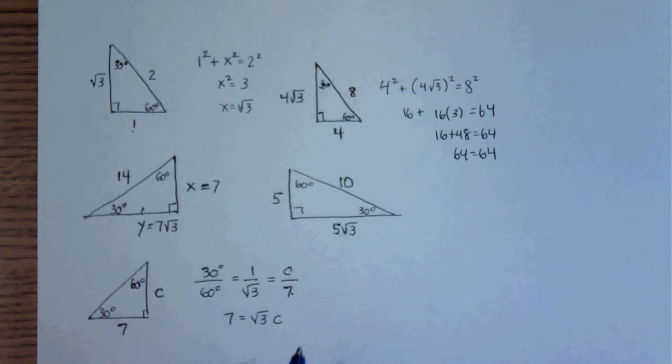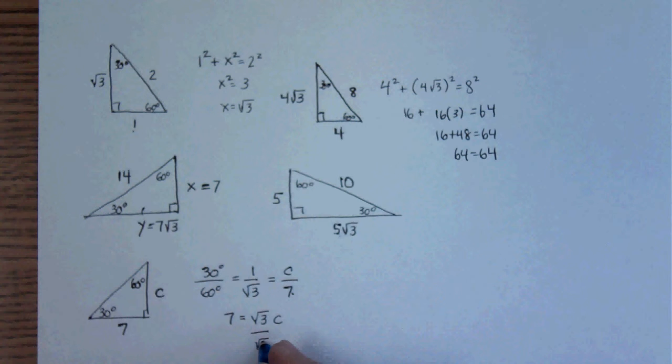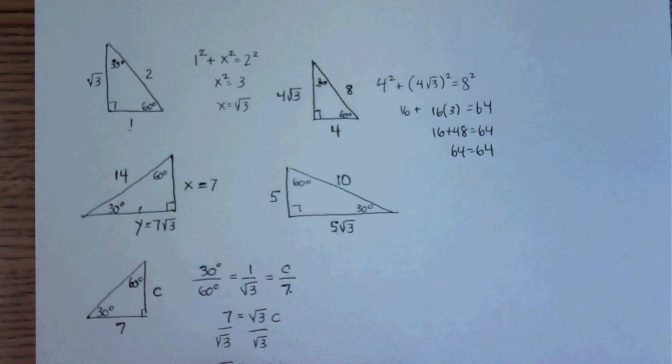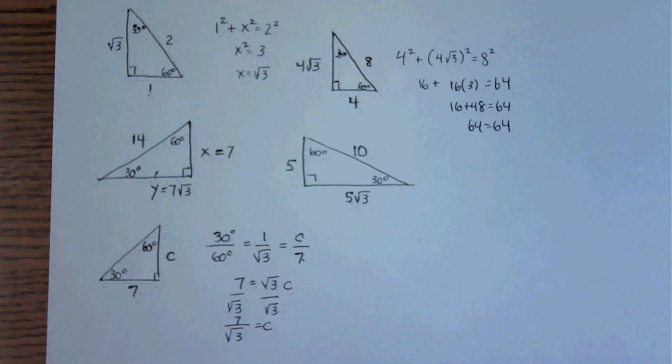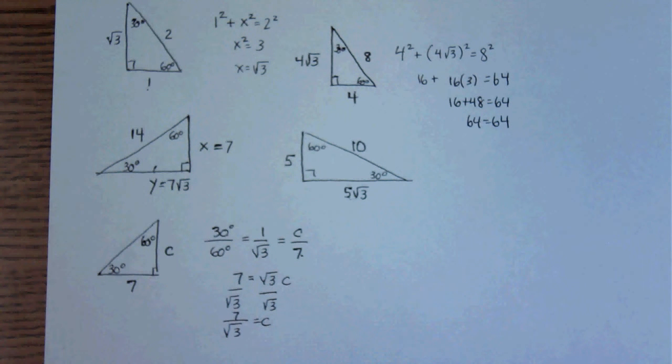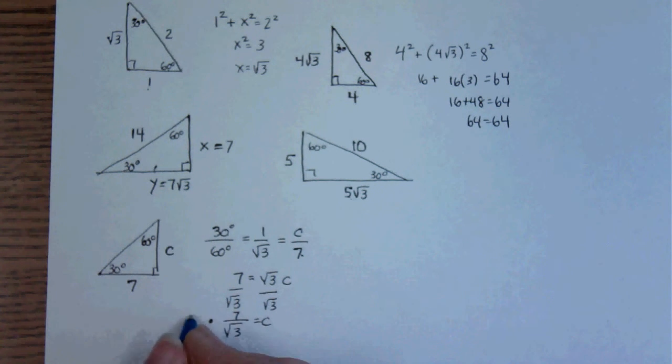So in order to do this, because it says square root of 3 times C, we're going to have to divide both sides of the equation by the square root of 3. So now we have this really strange number, 7 divided by the square root of 3 is C. And if you recall last year in algebra, you might have talked about rationalizing denominators. Anytime the denominator is a radical number, you can multiply the numerator and the denominator by that radical number to get rid of it.